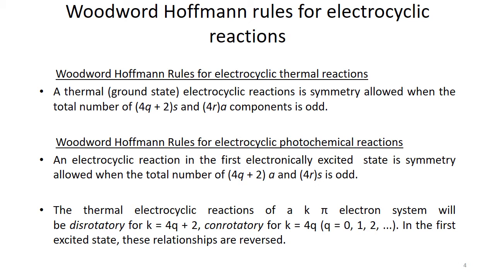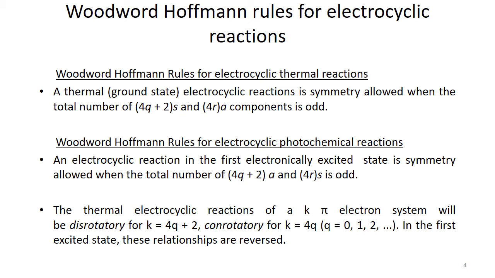Basically, there are a few new things in this statement. The integer we have been using was n. We have used 4n plus 2 pi system or 4n pi system, but here different integers, or variables, q and r are introduced. They are just designations, almost equivalent to n. So a 4n plus 2 pi system is equivalent to 4q plus 2, and a 4r system is equivalent to a 4n system.